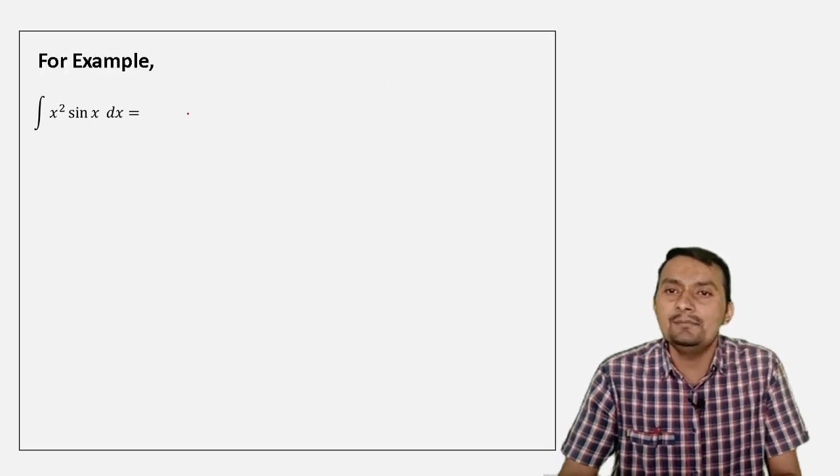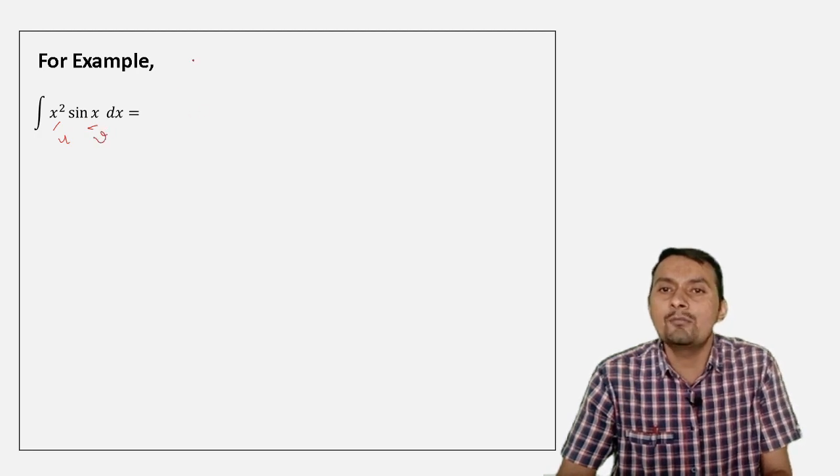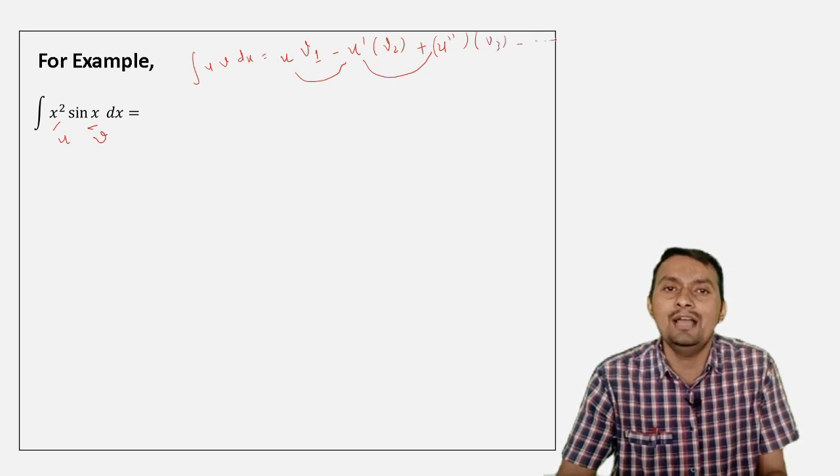Now look at the first example, integration of x square sin x dx. In that case the derivative of u is equal to x square is going to be reduced and it tends to be finite. Therefore we assume that u is equal to x square and sin x is equal to v. So according to the formula, what was our formula? u v dx. U is there, then integration of v, that is v1, minus derivative of u, that is u dash, then integration of v1, that is v2, then plus derivative of u dash, that is u double dash, and then integration of v2, that is v3, minus and so on.